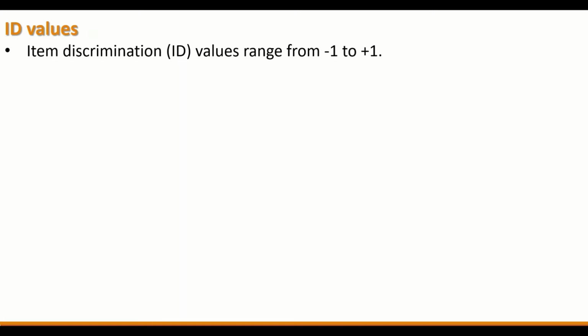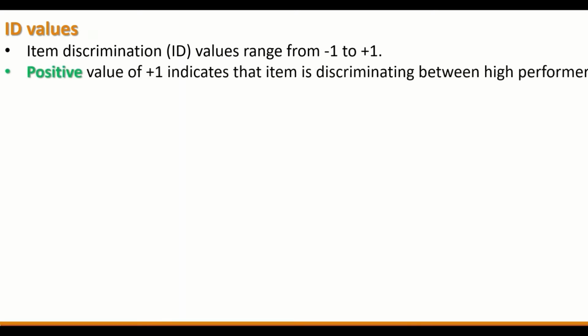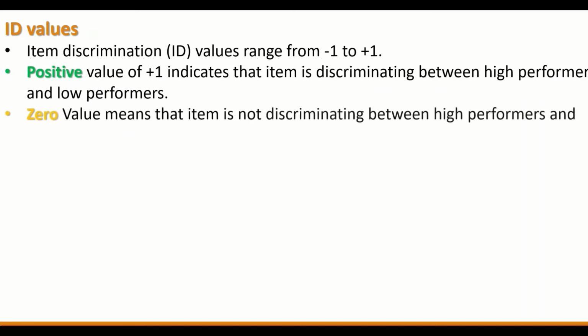Now, the item discrimination values range from -1 to +1 based on Kelley's equation. The outcome of the calculation has a range of -1 to +1. A positive value of +1 indicates that the item is discriminating between high performers and low performers, and +1 indicates a perfectly discriminating item.